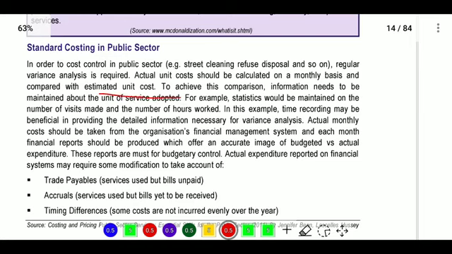To achieve this comparison, information needs to be maintained about the units of service provided. For example, statistics would be maintained on the number of visits made and the number of hours worked. For the necessary detailed information they must maintain these records.